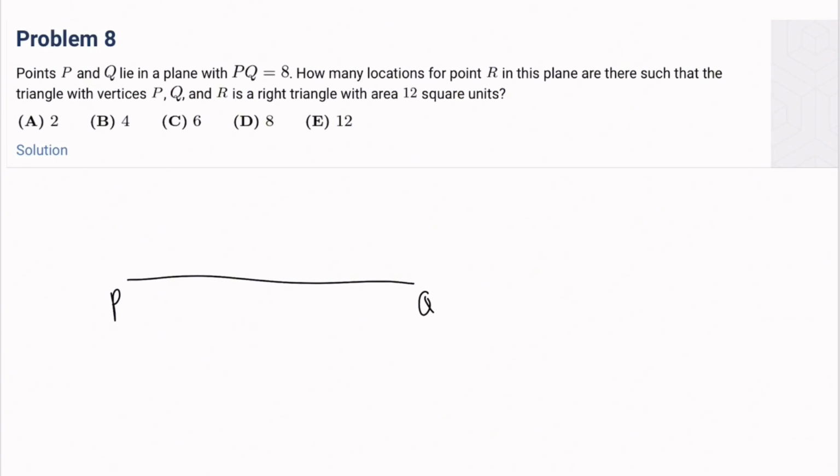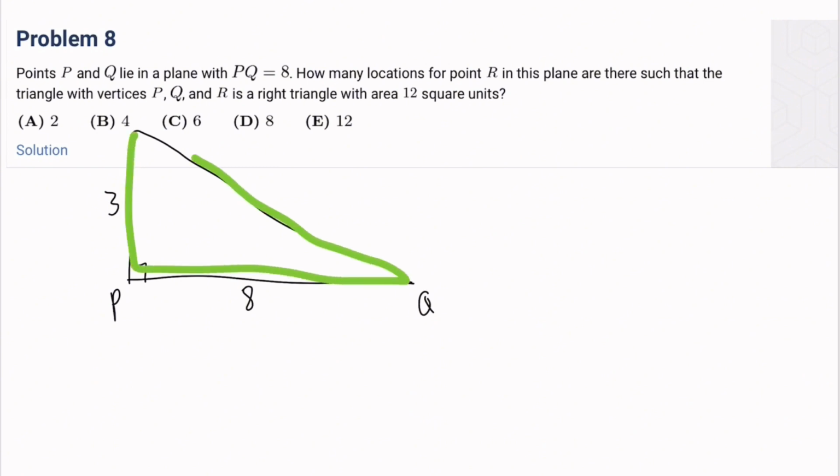So there is a right triangle with a right angle at P or Q, right? So this will be 8, and so this length would be something like, what is it? It's 3, right? And so that length could be 3, and so there's this kind of right triangle. Or there could be a right triangle with the right angle here, right?